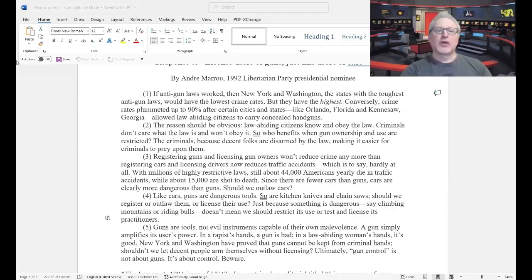It starts off, if anti-gun laws worked, then New York and Washington, the states with the toughest anti-gun laws, would have the lowest crime rates. Now, I think I told you before that you should look out for sentences with an if-then structure because those are frequently premises.